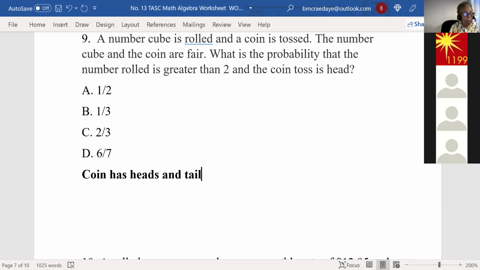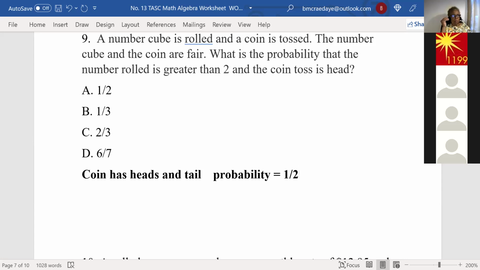So the probability of getting a head is equal to 1 over 2. In other words, possible over total. So heads and tails, you have 2, and you either get a head or a tail.